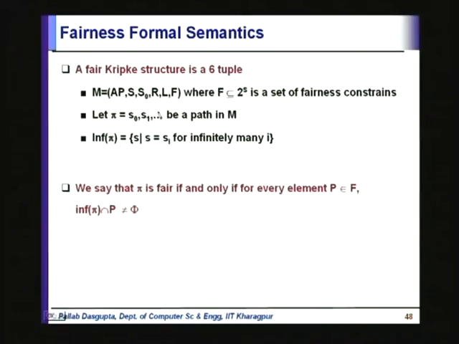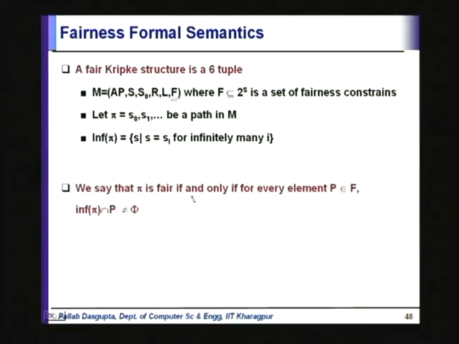So, the formal semantics of fairness is like this: a fair Kripke structure is a 6 tuple where, in addition to the usual stuff, we have this F, okay, and this F is a subset of the set of states. It is a set of fairness constraints. Let pi be a path in M, and let INF pi, as we described previously, be the set of states in S that are visited infinitely often, okay.